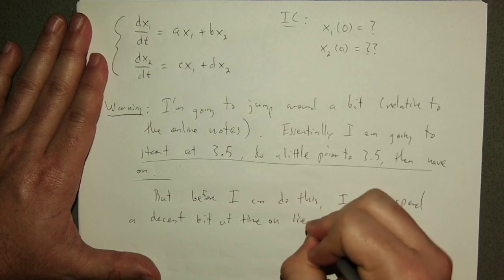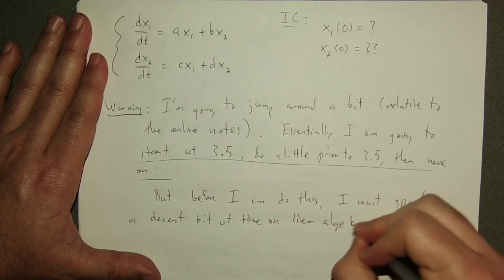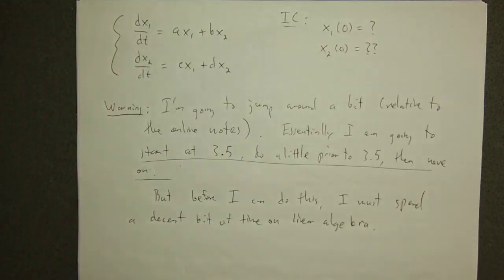If you have had 240 or 461, then what comes next is going to be insanely boring for you. You're going to find this so laughably easy that, I don't want to encourage you to take time off, but that's what you're going to feel like doing. If you did well in 240 and understood the material, then this bit of material is going to be extremely easy for you.